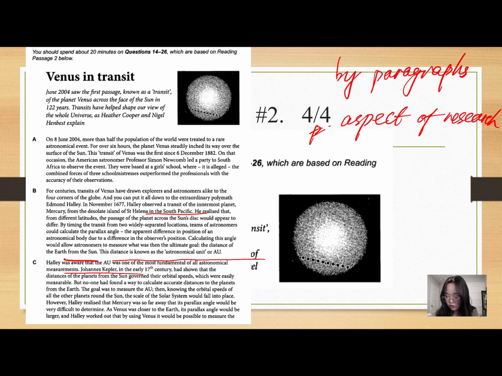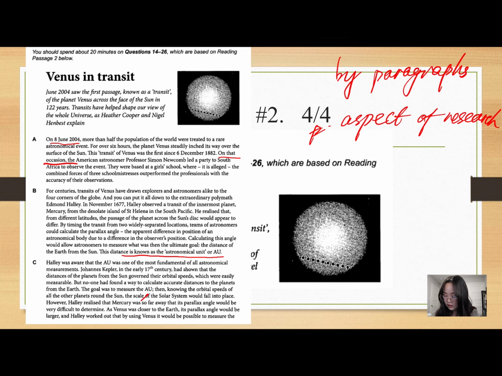In paragraph A, they talk about the discovery itself, the natural phenomenon itself, the transit itself. Okay, paragraph B, this distance is known as AU, transit have explorers and alike from countries. Okay, paragraph B looks like it's talking about the discovery of the astronomical unit, AU, astronomical unit, yes.